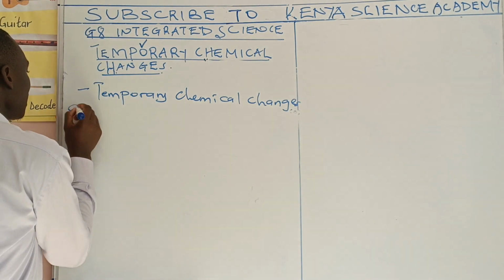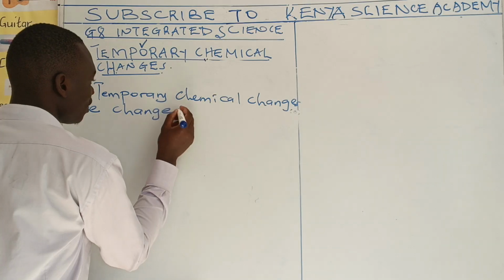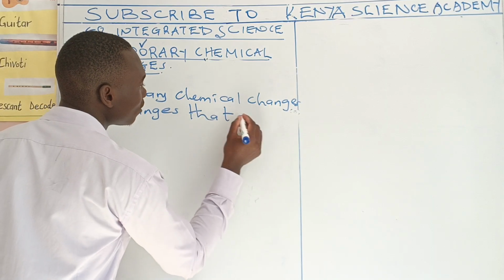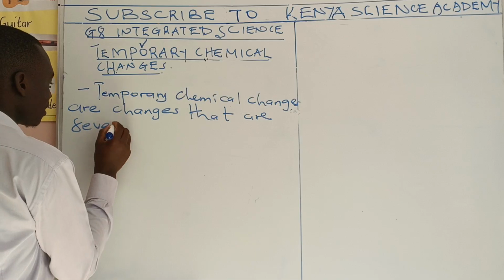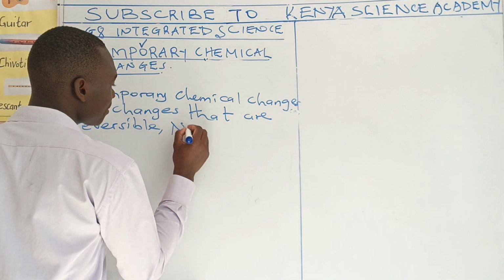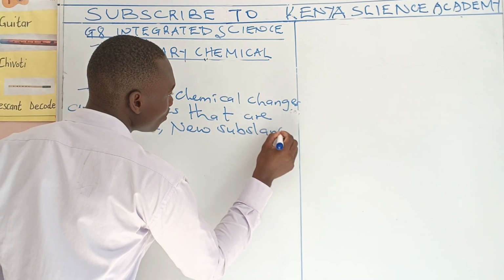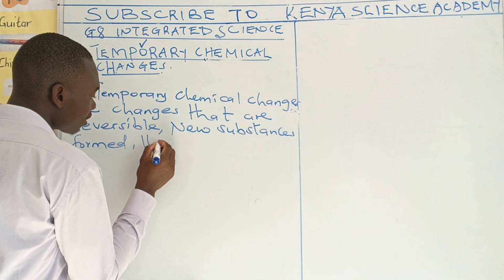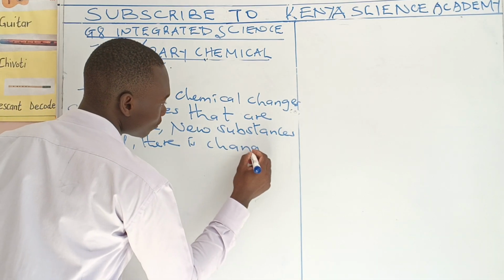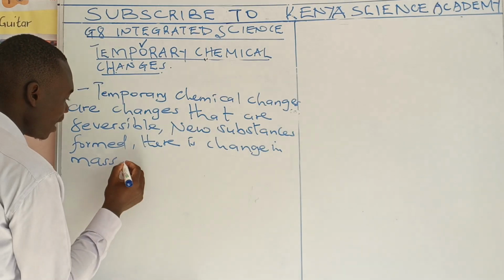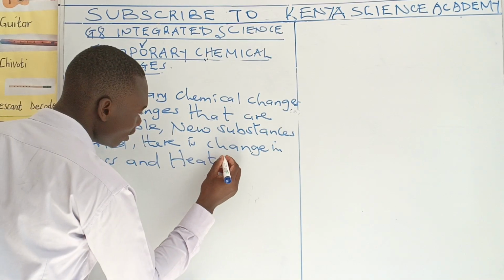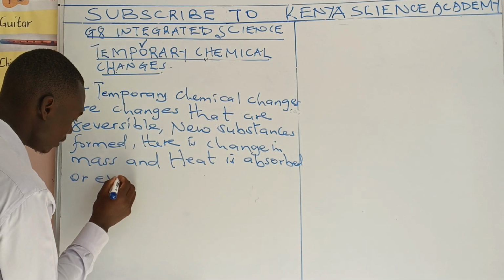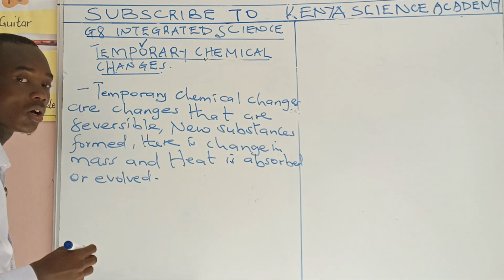Temporary chemical changes are changes that are reversible, new substances are formed, there is change in mass, and heat is absorbed or evolved.